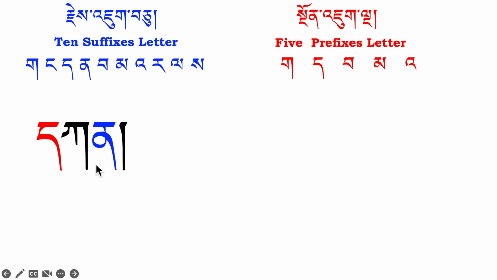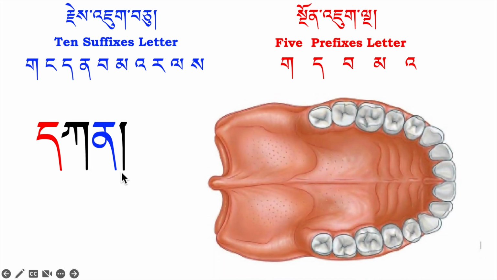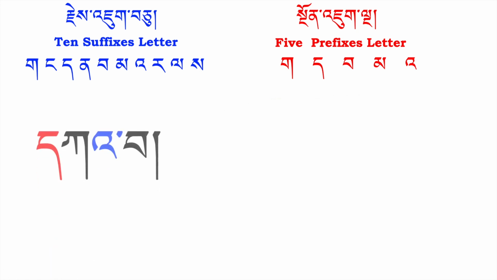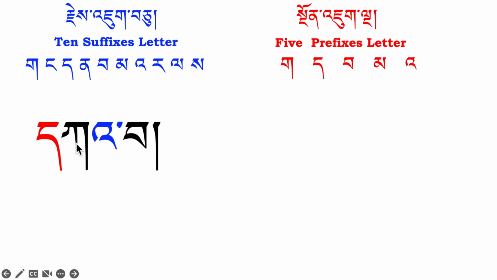Tao ka na kin. Kin means palette. You can see this part is called a palette. Kin. Next one, tao ka wa, kawa.